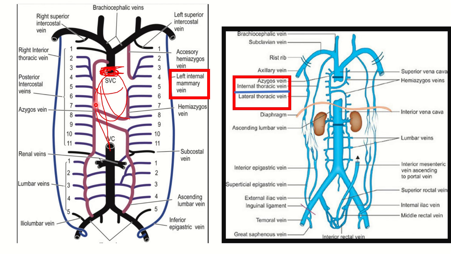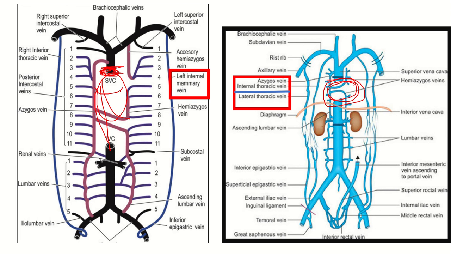We can also see some other vessels, such as the lateral thoracic vein, just on the outer side of the internal mammary vein. From the lateral thoracic vein the blood also backflows and drains into the great saphenous vein and femoral vein, and from the femoral vein into the external iliac and common iliac, then the inferior vena cava, and from there into the heart, which usually lies at this position.